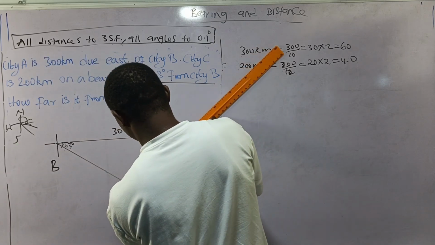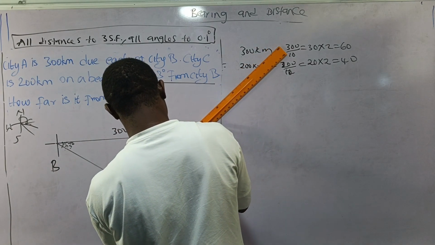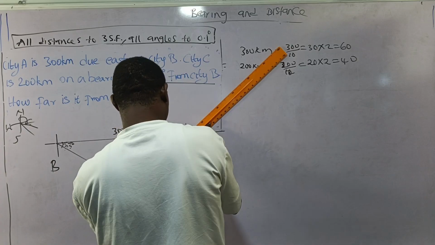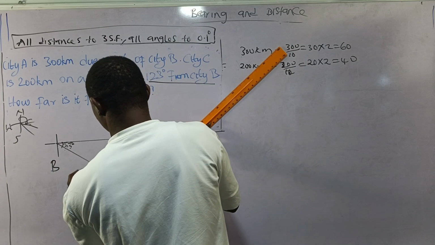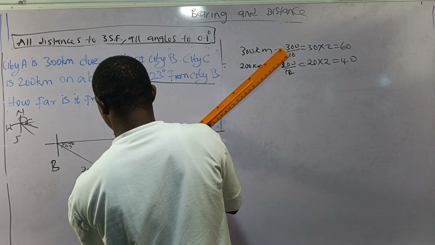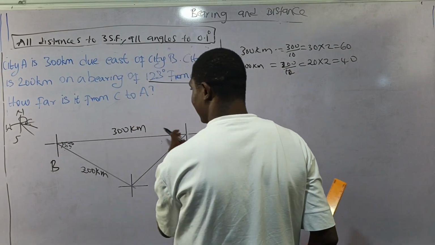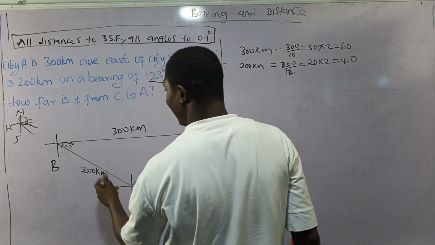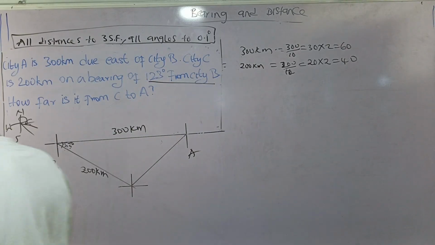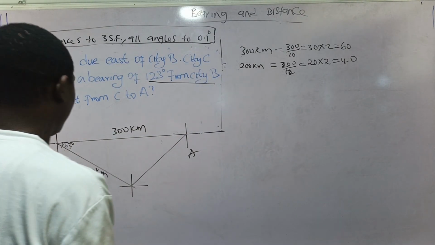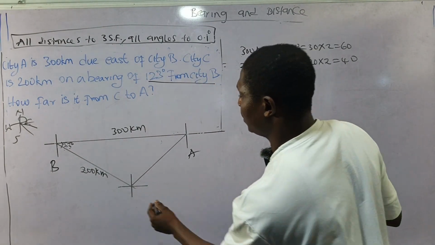So this can be joined to this. So this is 200 kilometers. You can use your eye to see that this distance of 300 kilometers is bigger than this, and the angles are well drawn to scale.